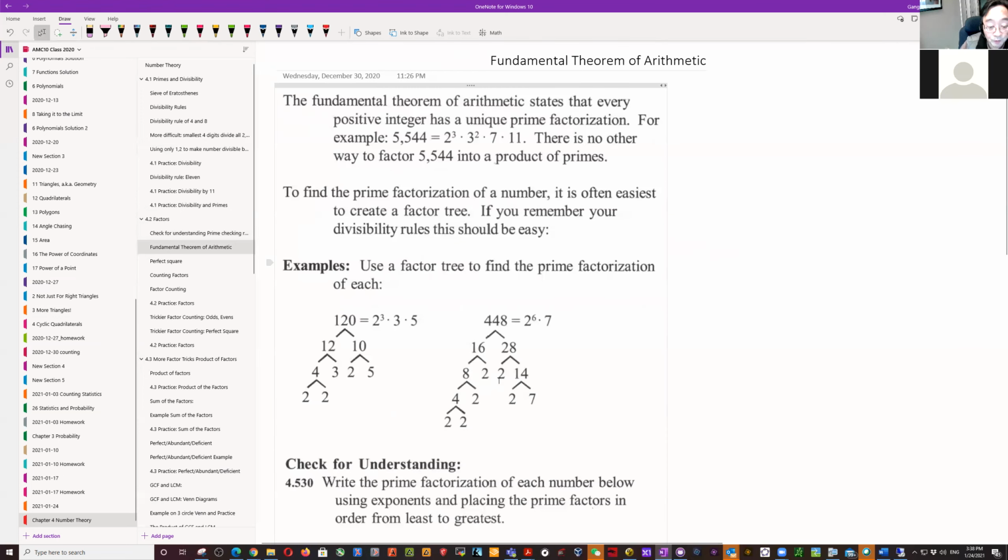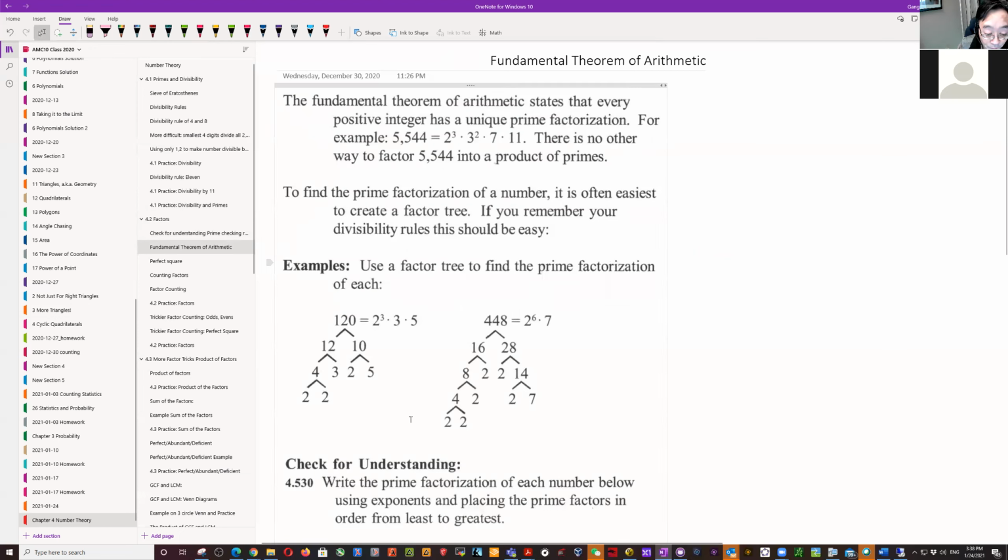And then we have the fundamental theorem of arithmetic. The fundamental theorem of arithmetic basically tells you that for any number, there's only one way to prime factorize it.